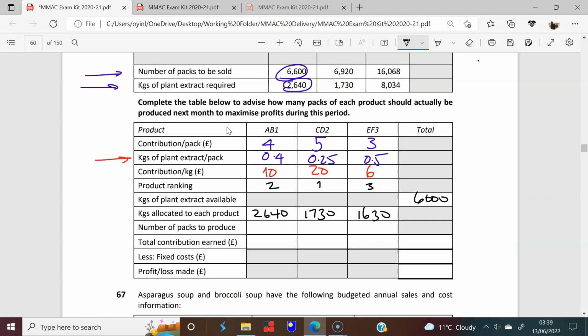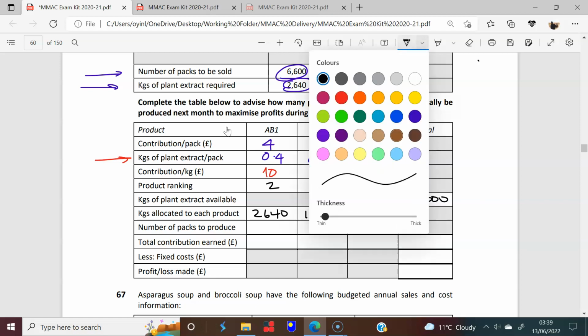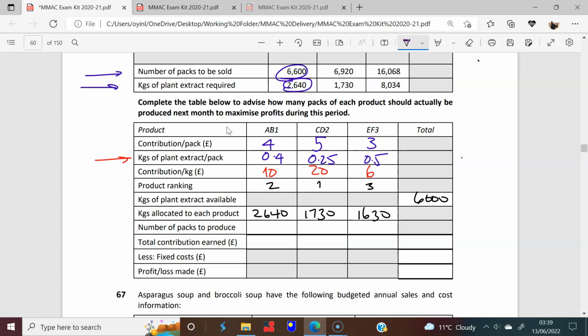So in terms of the number of packs, we can make all of the first two. We can make 6,920 packs here, and here we can make 6,600 packs. The question here is, how many packs can we make of the last one?